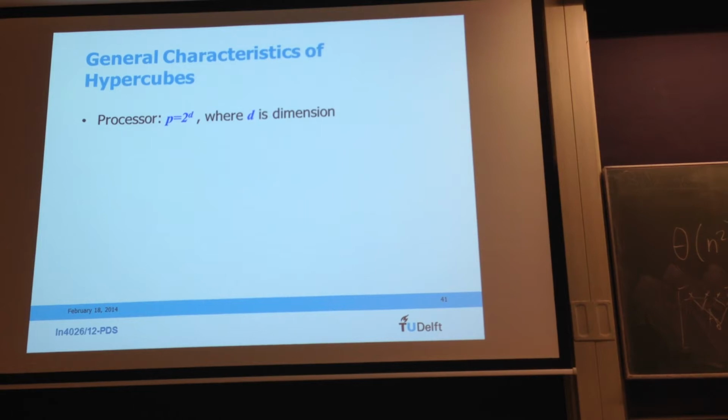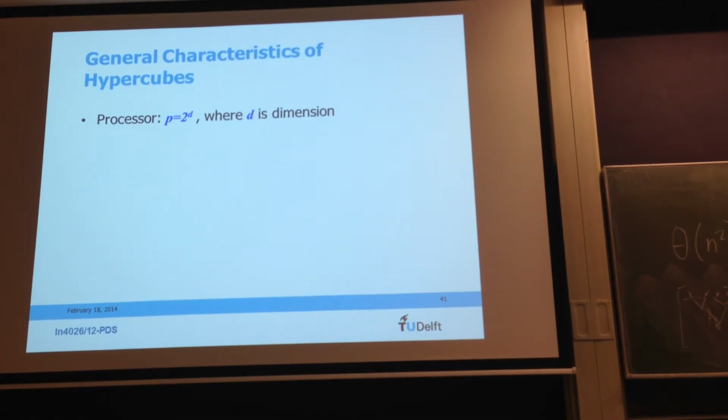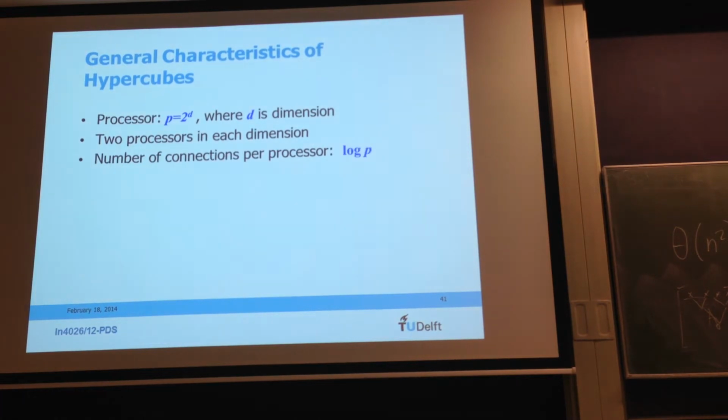So essentially this is what you're saying, right? If we have a hypercube, the number of processes is 2 to the power d, where d is the dimension, then there are 2 processors in each dimension. The number of connections per processor is log p, so it scales with log p.